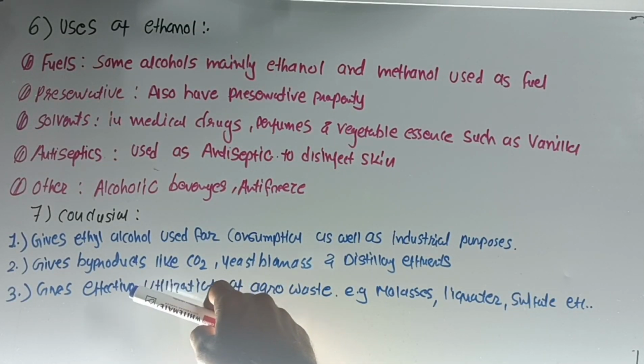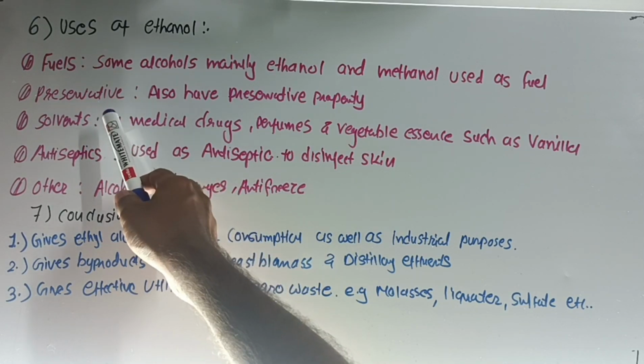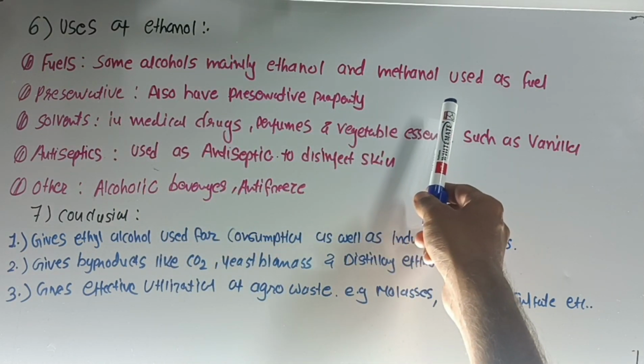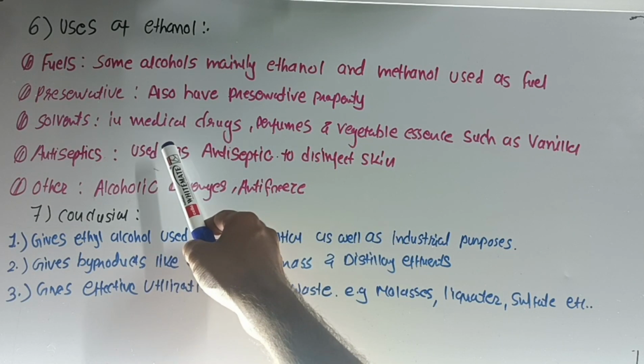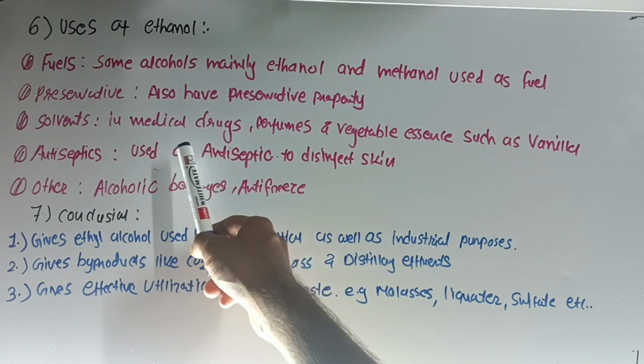Then the uses of our desired product. At the end of the procedure, ethanol is produced, which is used as a fueling agent. Some alcohols, mainly ethanol or methanol, are used as a fueling agent. It also has a preservative property, so it also acts as a preservative.